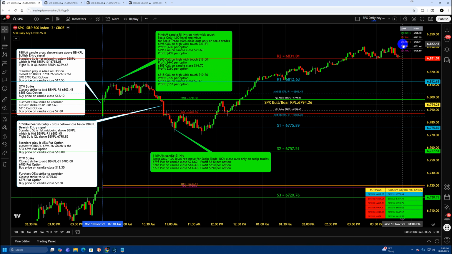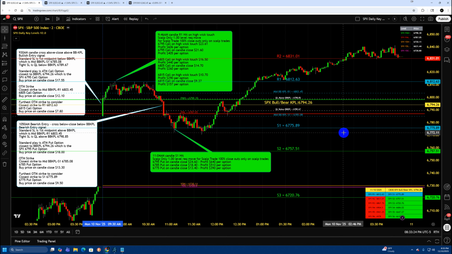You'll also see these other levels here: the PMH, the PML, the YDH, YDL, and YDC. These are also important key levels. The PMH is the pre-market high for SPX. The PML is the pre-market low for SPX. The YDH is yesterday's daily high, which in this case, since this is Monday, would be Friday's RTH session, or think of it more as the previous day's RTH session high.